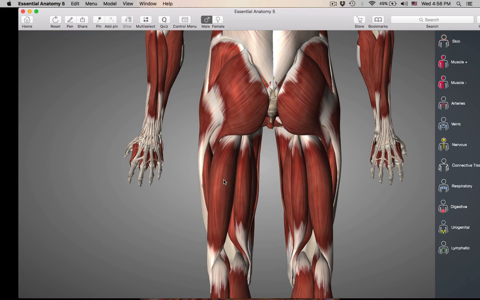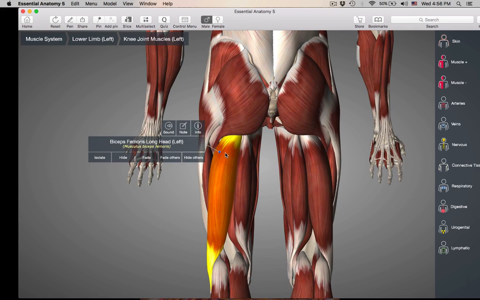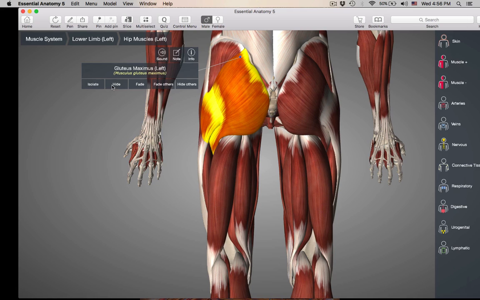So let's look. I'm going to do this side. I don't know why. I just like this side better. We're going to be just concentrating on this one. So this first one, the biceps femoris, it has two heads. That's why it's called biceps. This is its long head. And let's go ahead and hide the glutes.